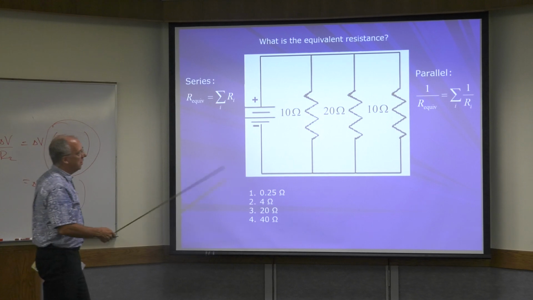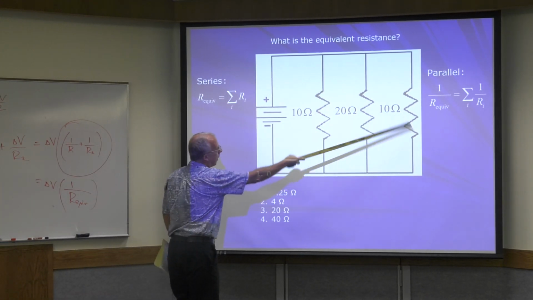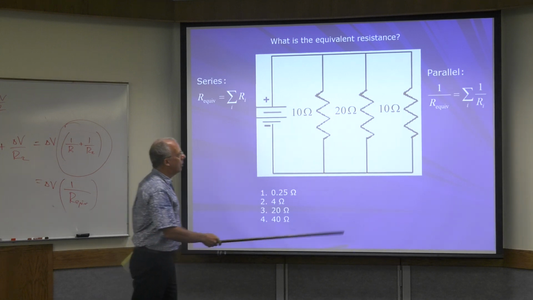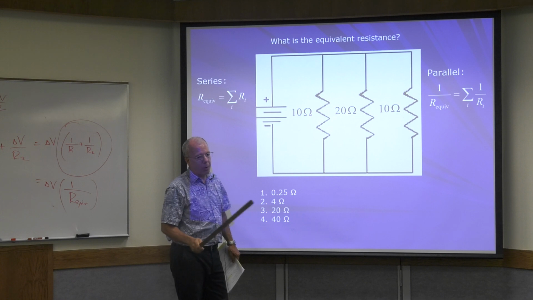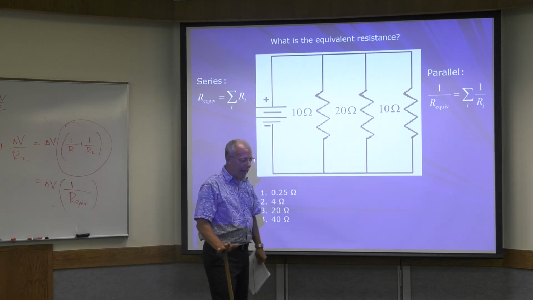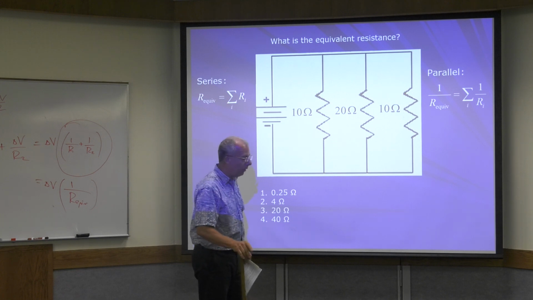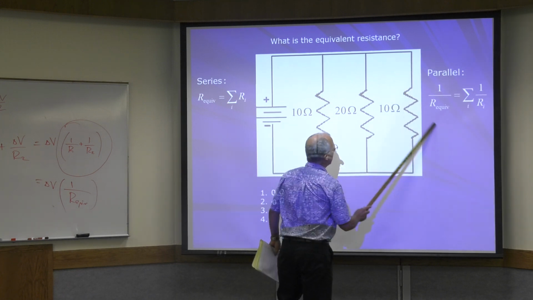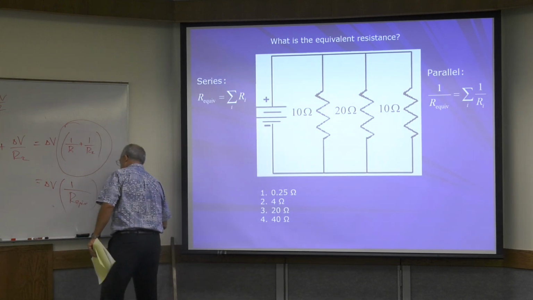Well, it's obviously not series because the same current's not going through each resistor, and these are in parallel, so we know it's parallel, right? Whatever you do, don't just ignore this and have me do it. Get your calculator and figure this out, please. So use this formula and figure out what it is. Pause your video and figure it out.